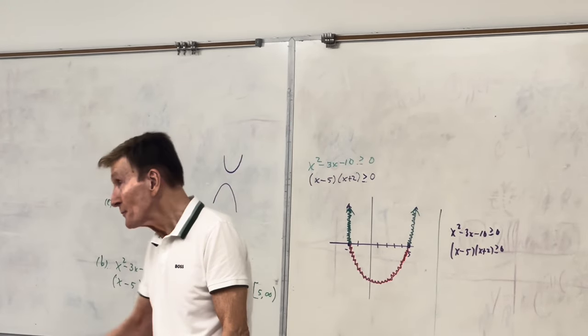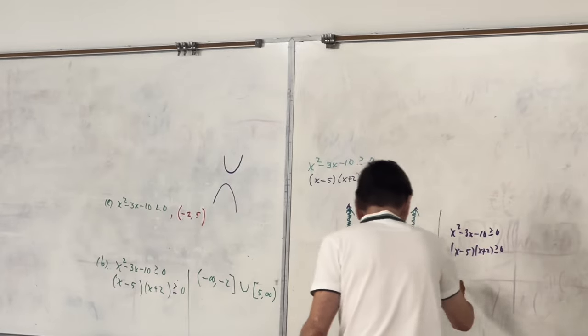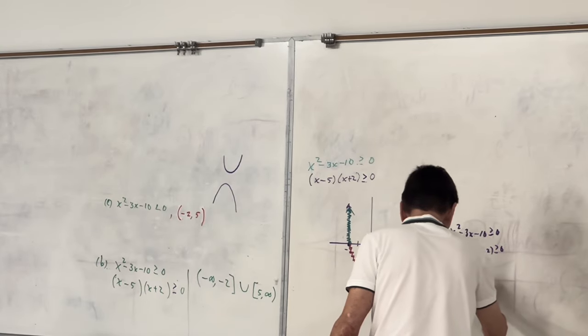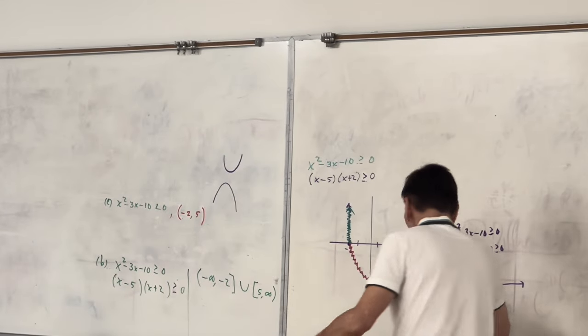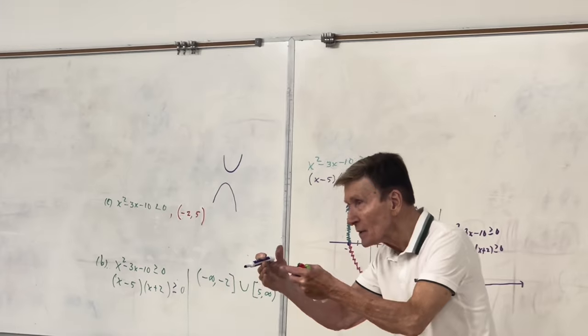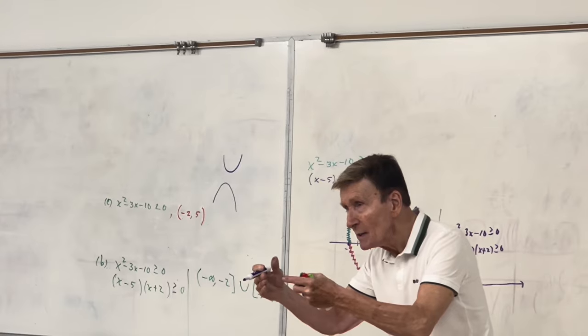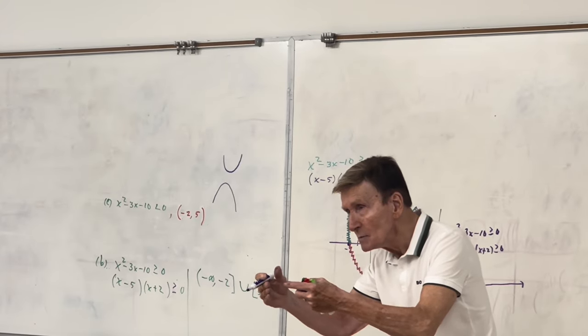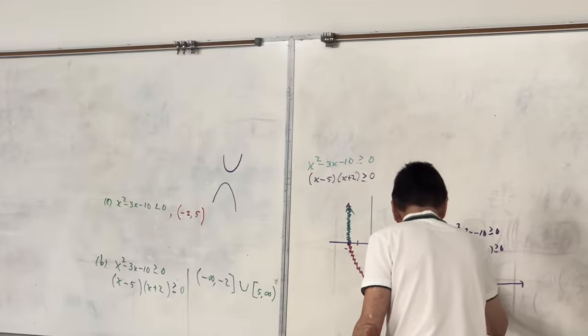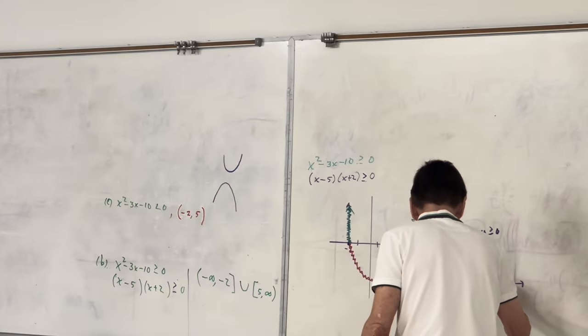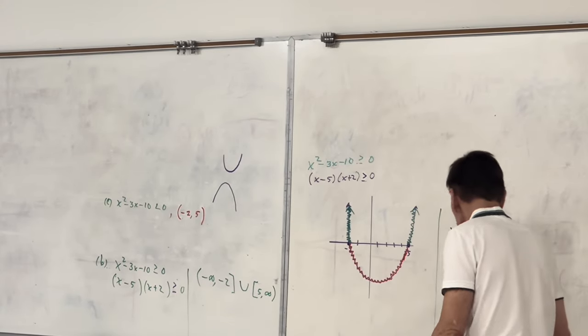A little reminder: we had answers earlier when this was not an inequality, it was an equation. Someone remind me, what were the answers earlier? Positive 5 and negative 2? So we'll place negative 2 here, positive 5, now watch carefully.